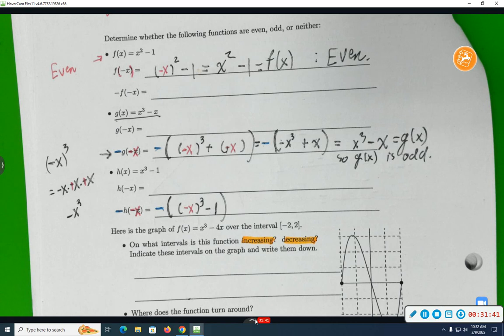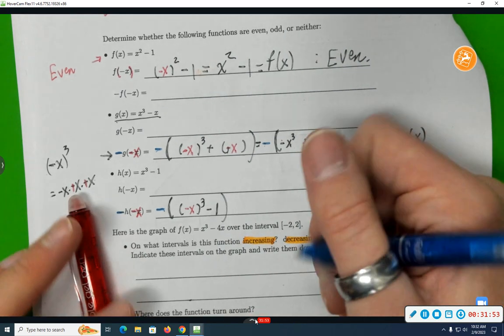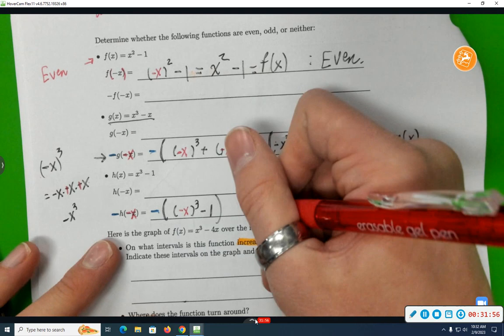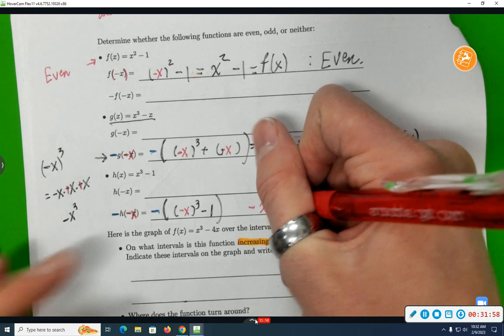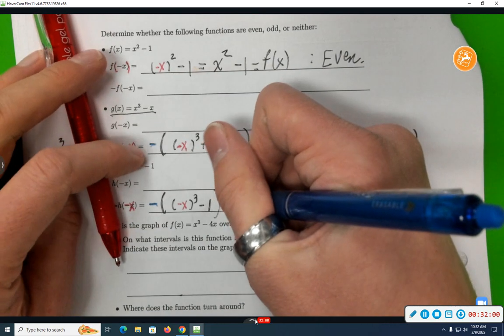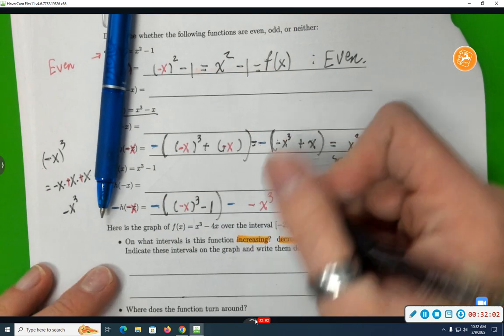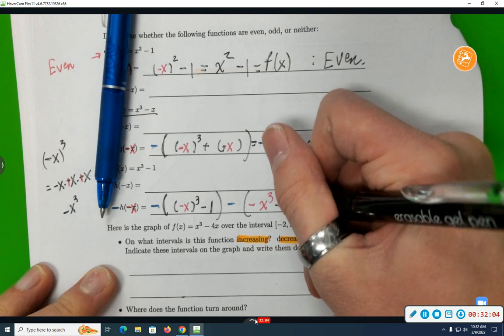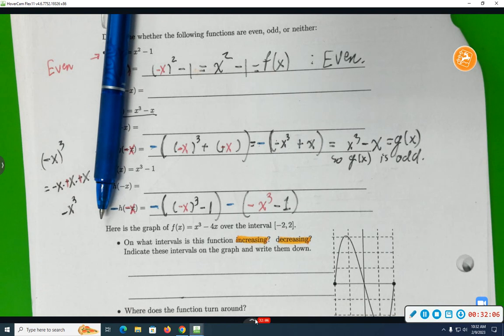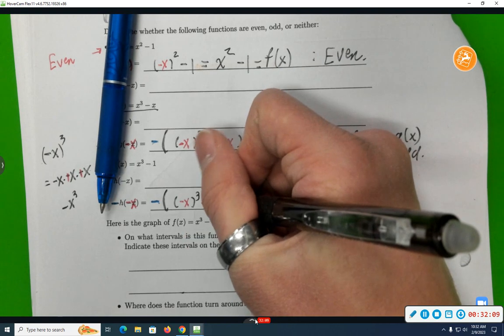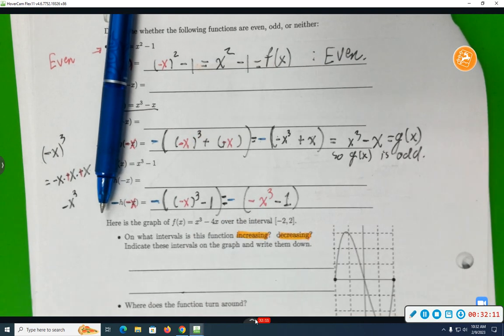It's really hard not to pronounce parentheses, because otherwise we're saying negative x cubed is equal to negative x cubed. You can't tell where the negative sign goes. So negative x, cubed, becomes negative x cubed. I haven't dealt with this negative sign yet. We will in a moment. And the negative 1 is still just a negative 1.